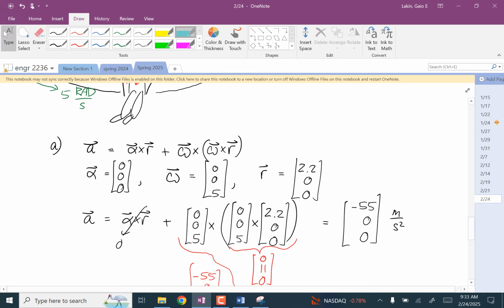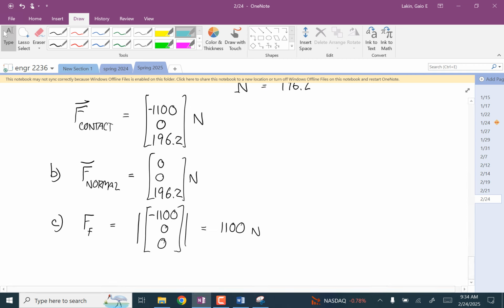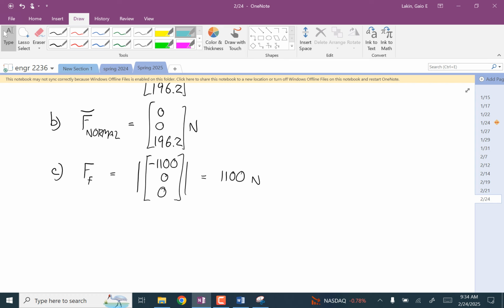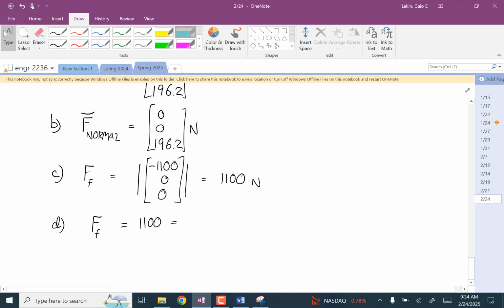And then what's the minimum coefficient of static friction required so the kid doesn't slip? With the pepper shaker, we got a really low value. Here we're going to get a really high value. So we know that the force of friction, that's equal to 1100, and we're going to set it to the normal force times the coefficient.